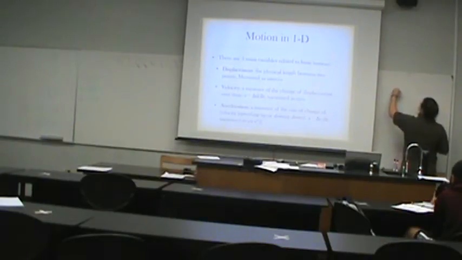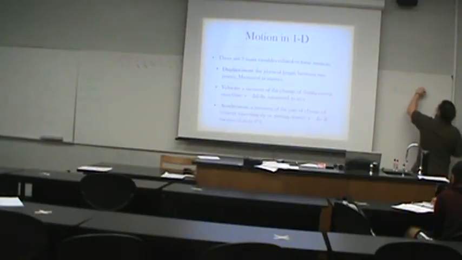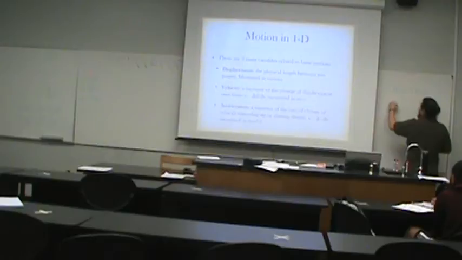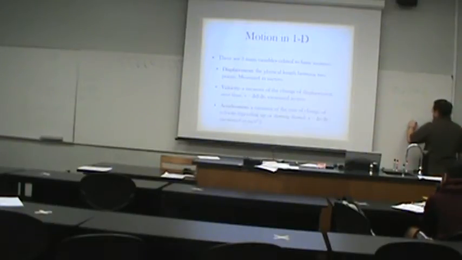So, commercial says 0 to 60 in 3.5 seconds. That's a change in velocity, and it takes place over an amount of time. So you can figure out acceleration equals change in velocity over the time that takes.